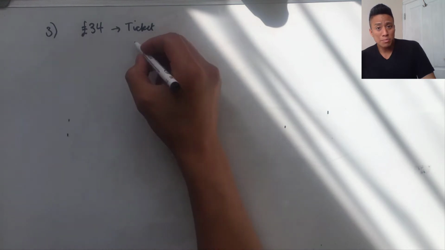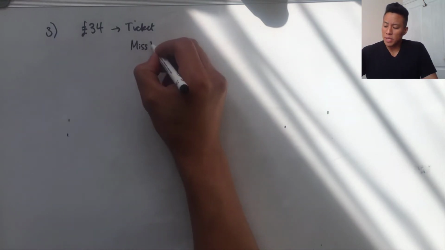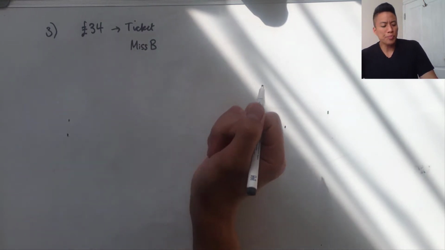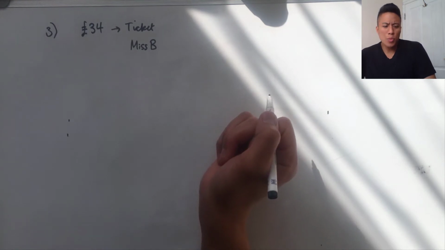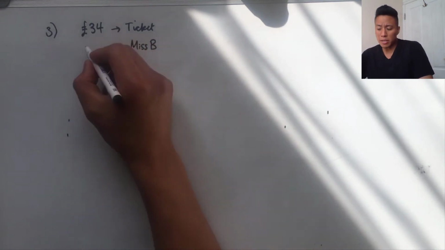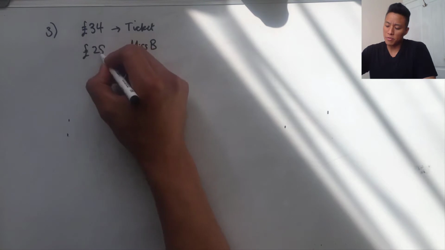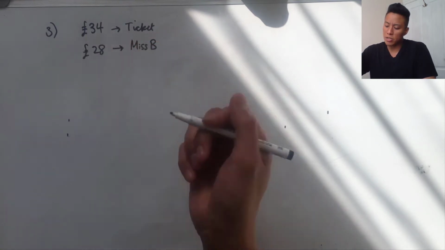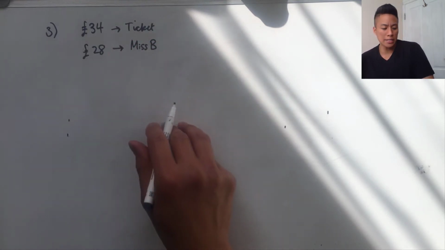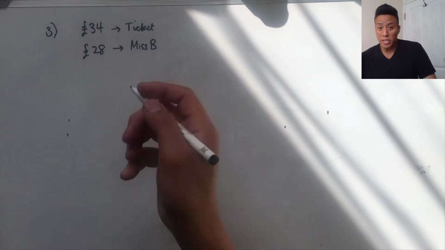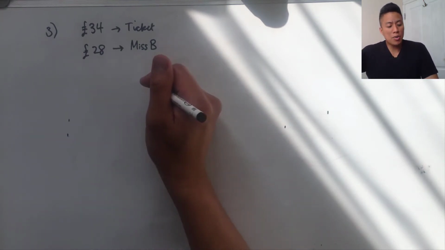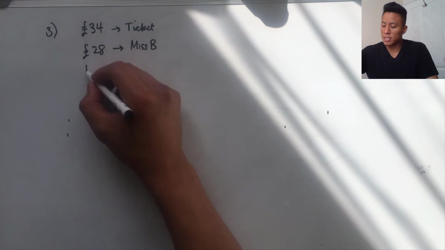But Miss Buckley only has £28 in her piggy bank. So that might be very important for us to use. £28 in her piggy bank, that's what Miss Buckley has. And the question is, how much more does she need to collect to go to space?